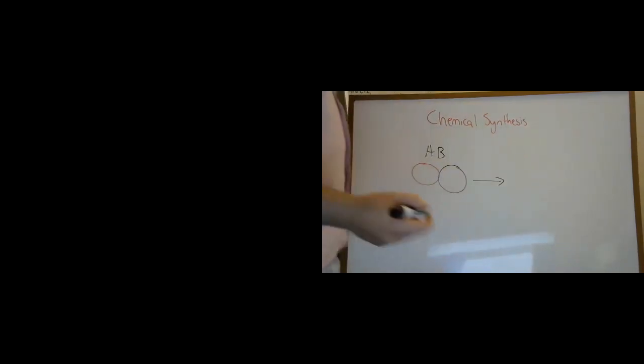I know what the target molecule is, but I don't know what the reactants are. So I break it up. So this is AB. I then break it back up into A plus B.